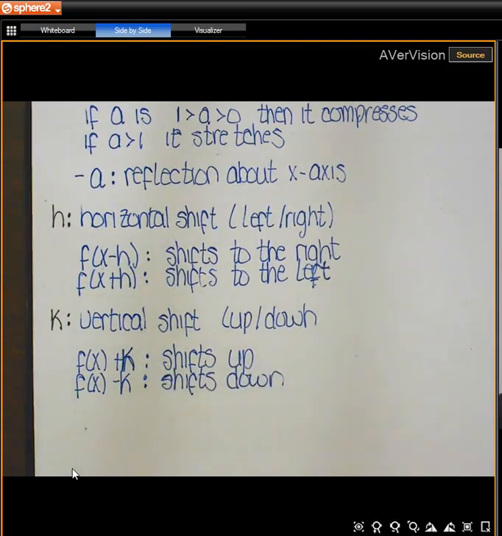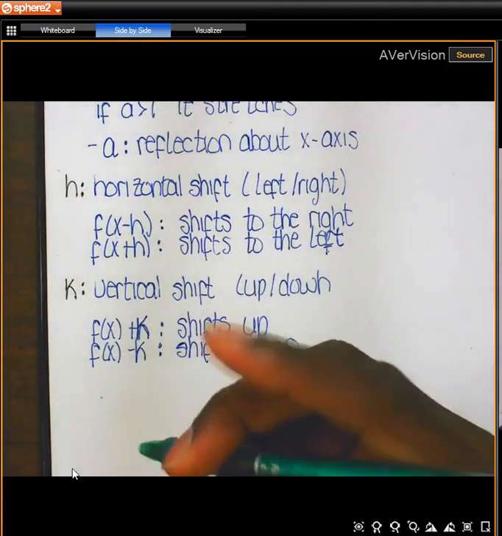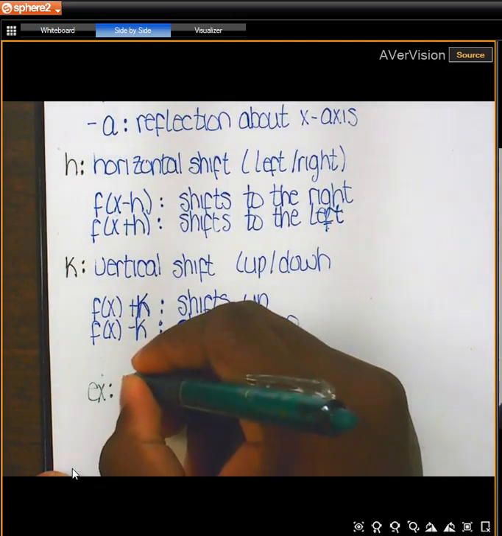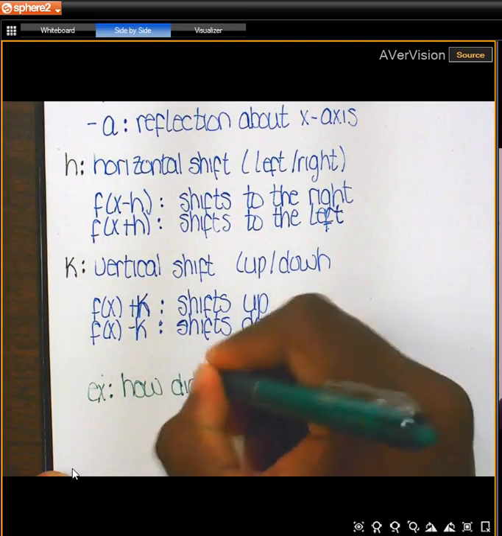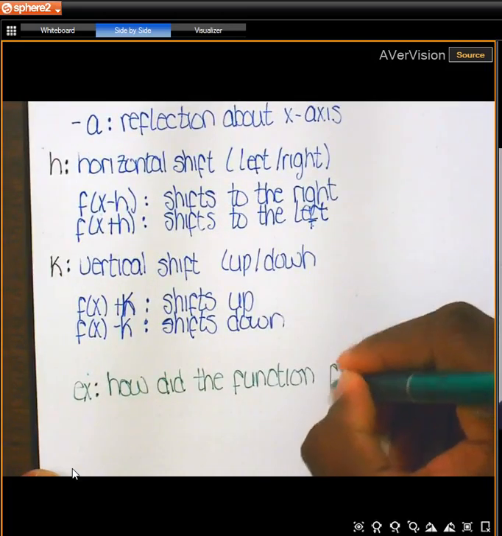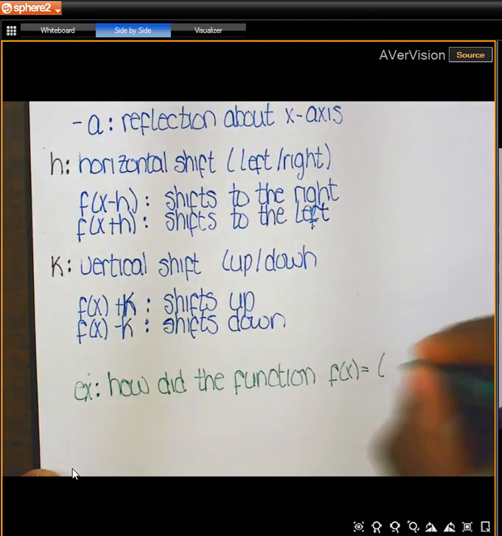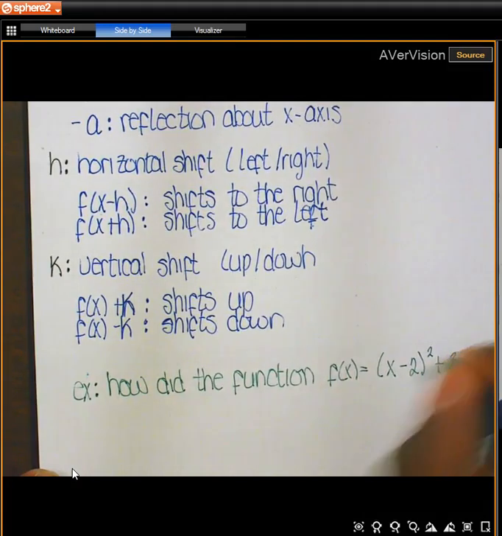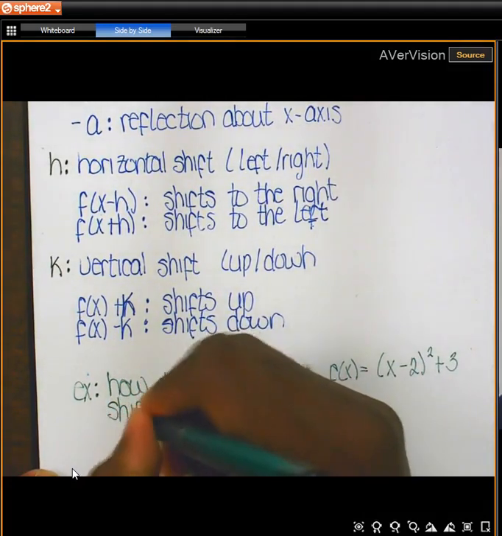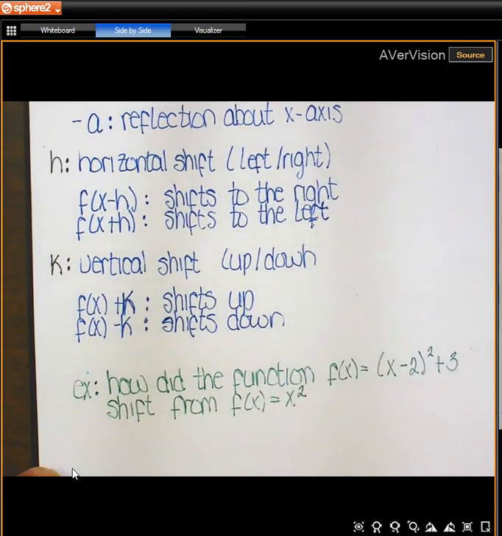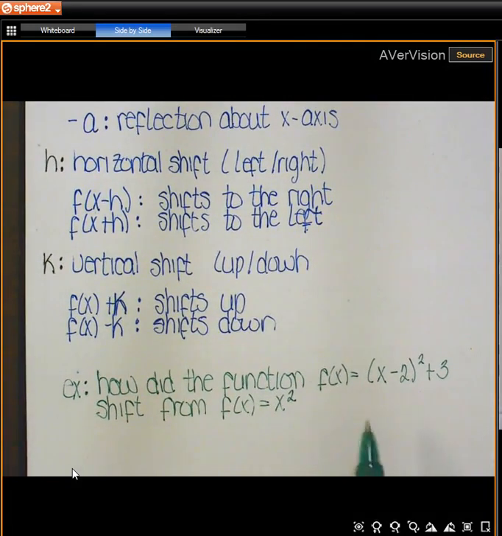All right, examples. How did the function f of x equal to x minus 2 squared plus 3 shift from the parent function f of x equals x squared?